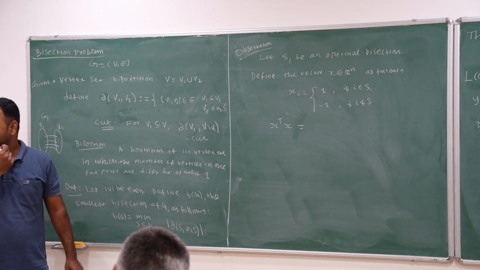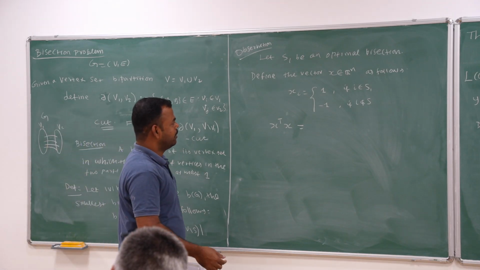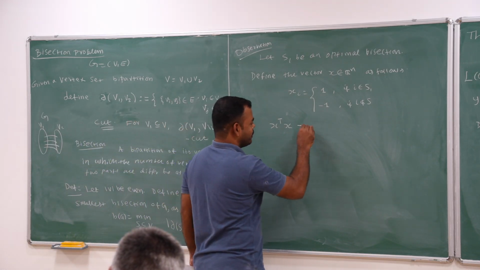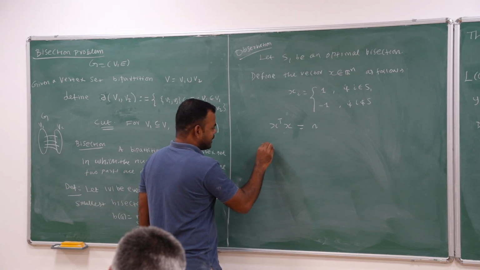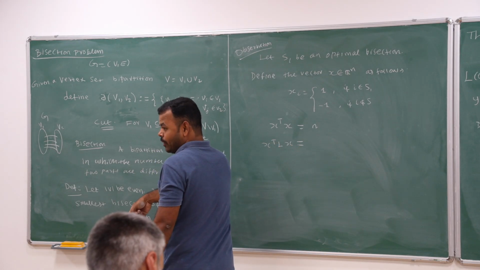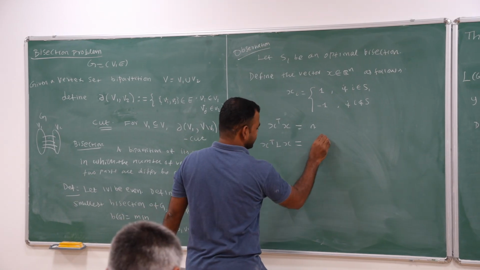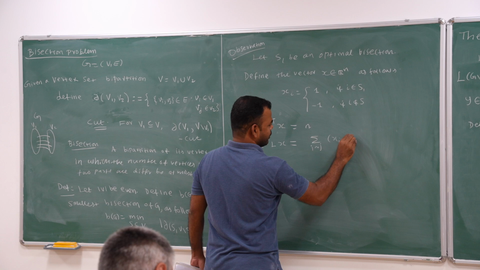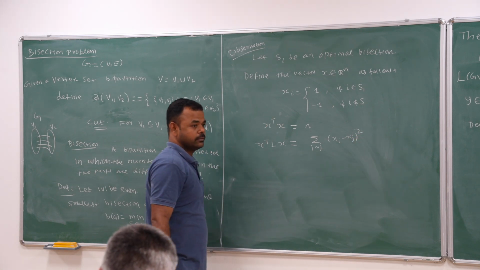It's not 0. It is n, the cardinality of the vertex set. And what is x transpose Lx? We use the formula which we derived, so that is the sum of xi minus xj, the whole square.